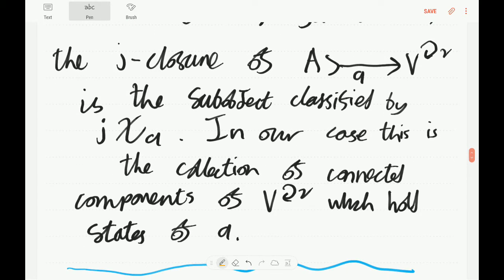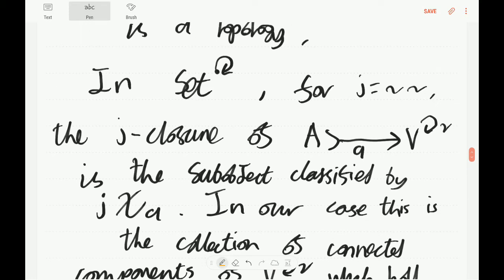Yes. Given a subobject A, the J closure of it is the subobject classified by J after chi A.